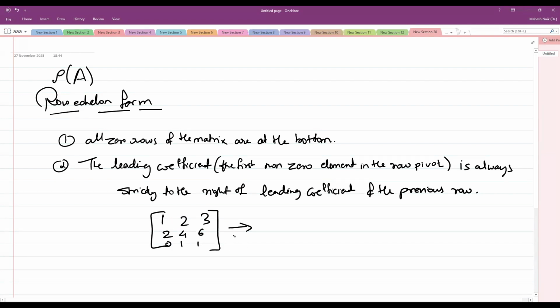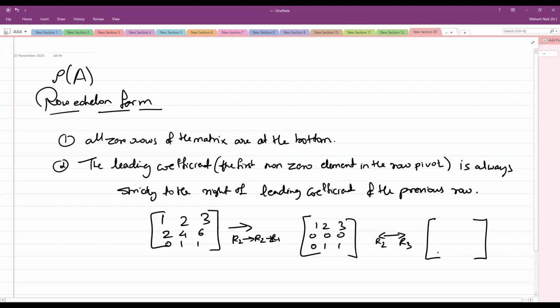In this case, we can go for R2 goes to R2 minus 2 R1, which will give us 0. And doing an interchanging operation of R2 with R3, because as per the requirement, the zero row should be at the bottom. And then we have 0, 1, 1, and 2, and 3.